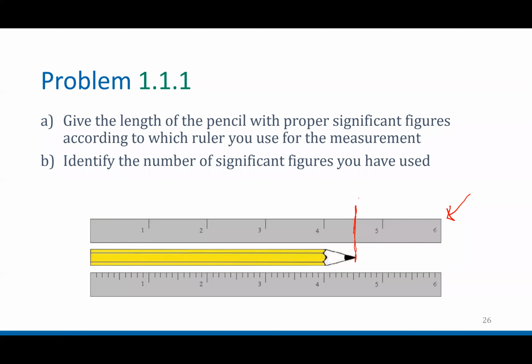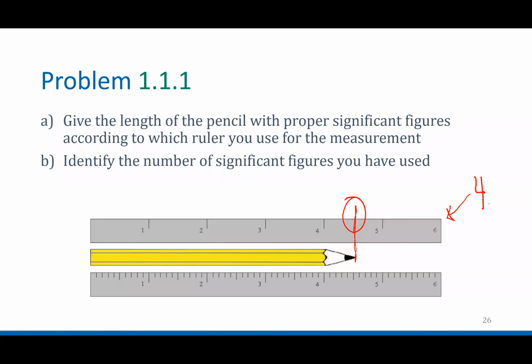If you see my line up here, I know that my pencil has to be 4 centimeters long for sure. There is no doubt, I'm 100% confident that the pencil is 4 centimeters long. Because there's nothing else here, all I can do is estimate one more decimal place.